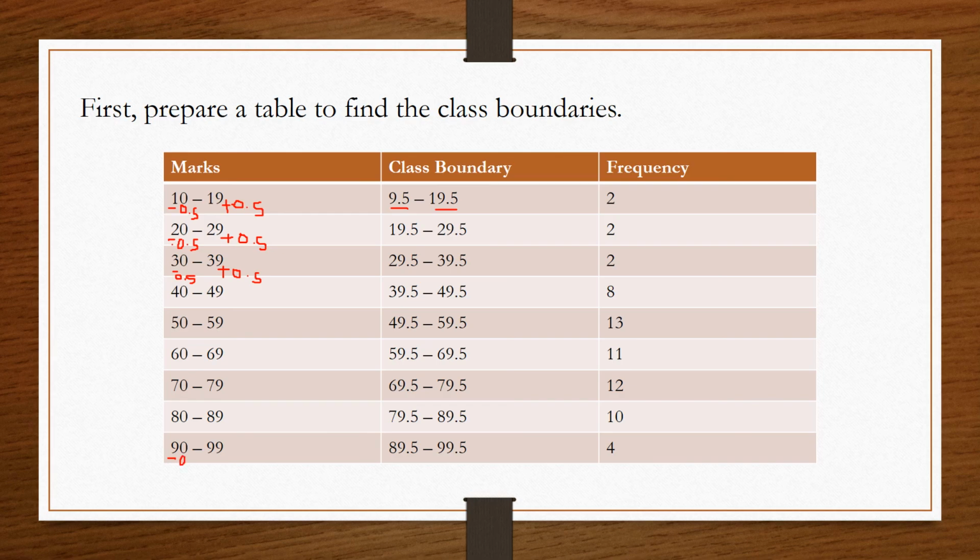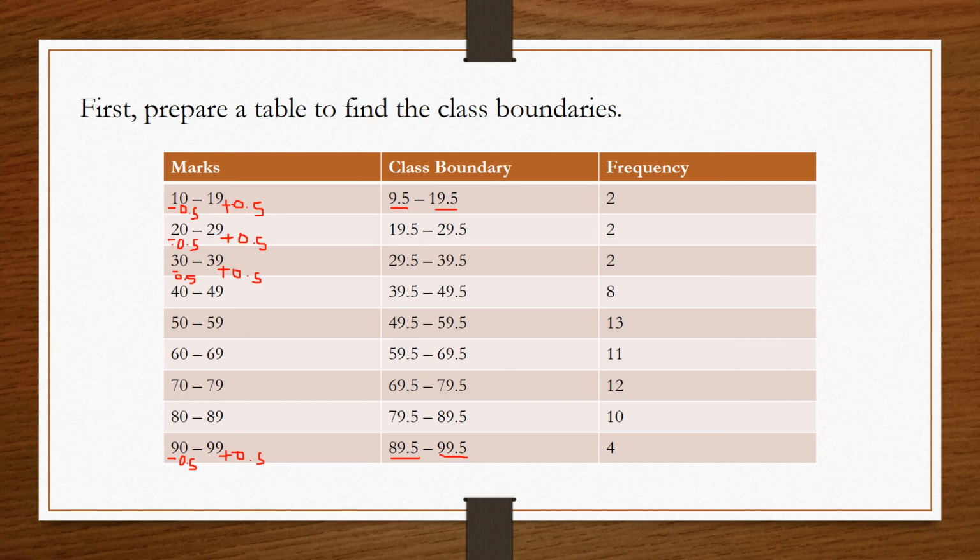Subtract 0.5 from 90, which is the lower limit, then add the same 0.5 to the upper class limit, and that gives us 89.5 as the lower class boundary, and 99.5 as the upper class boundary for the interval.